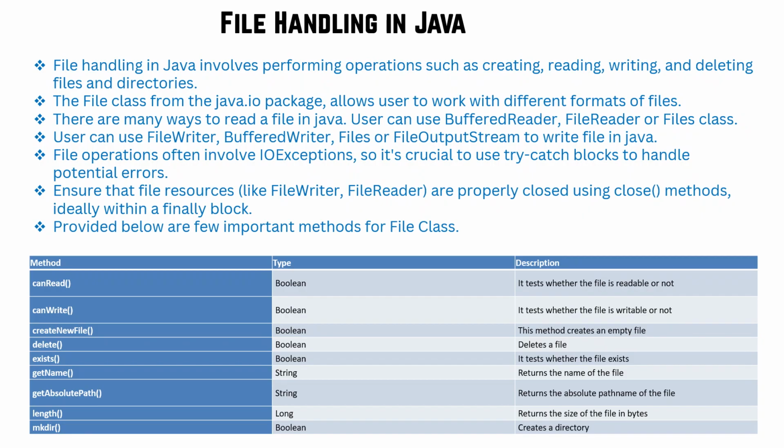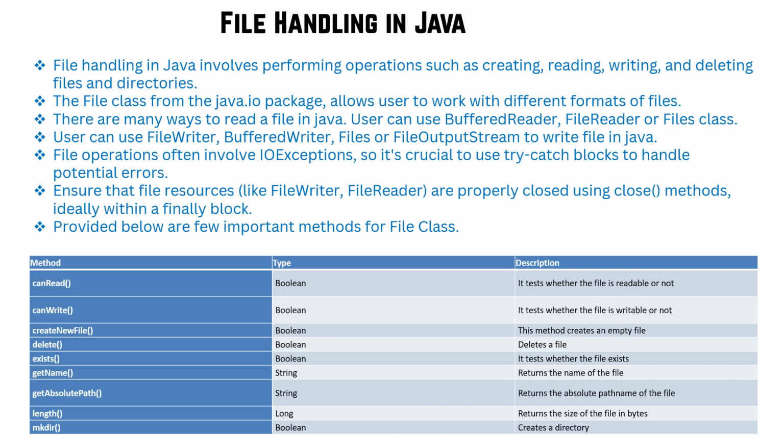Similarly, in case you want to read data from the file, we can use the BufferedReader, FileReader, and the File class. Whenever we are doing file operations, we will mostly get an IOException, so we need to handle this exception with the help of a try catch block or with the help of the throws keyword.